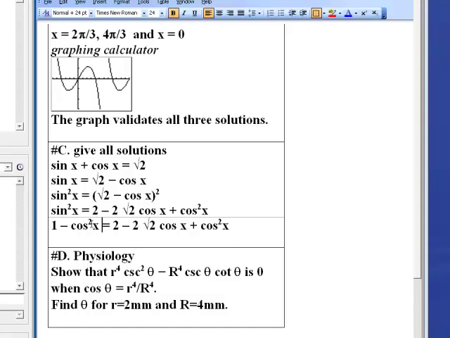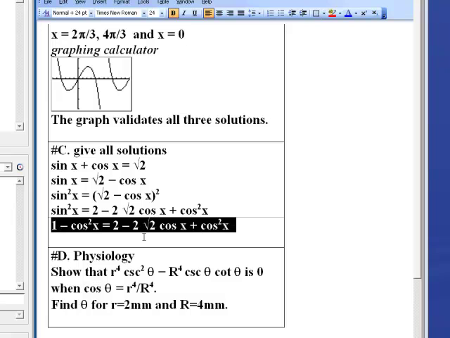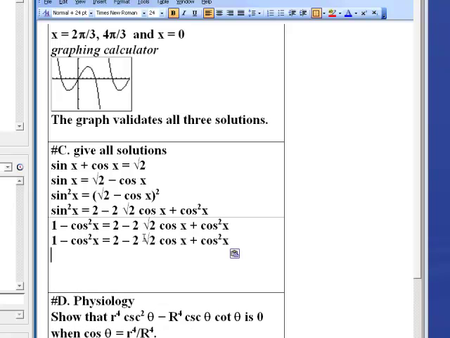Okay, and then I'm going to combine all the terms. So I add cosine squared to the right hand side. It's going to be a 2 right there, and then I'm going to subtract this 1 here. So it's going to be 1 right there.